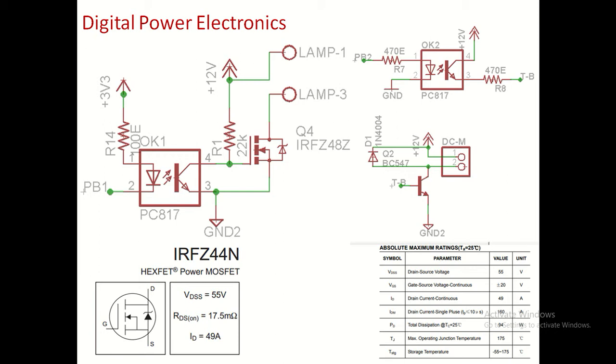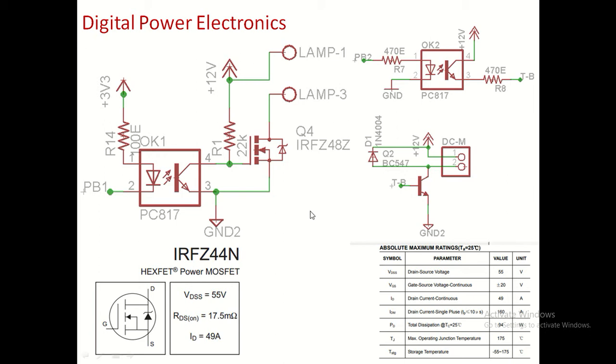The lamp, as you can see, draws around 15 to 20 watts of power. We are using an N channel MOSFET, IRFZ44 or Z48.